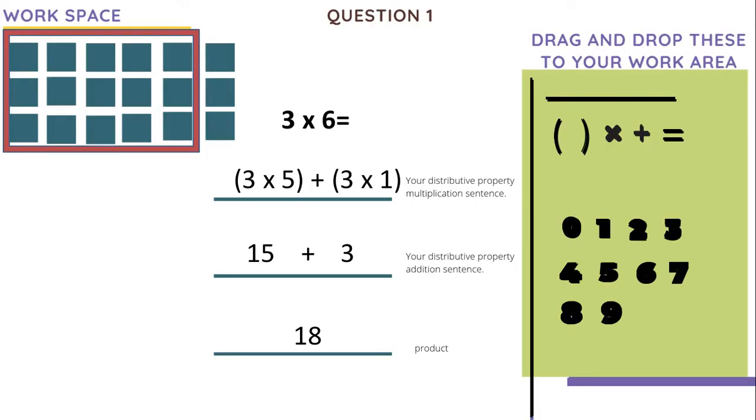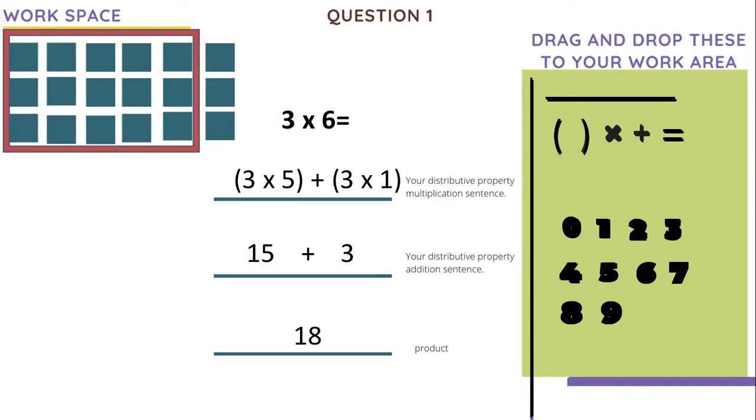So here is our first array and multiplication sentence. We have 3 times 6. For this problem, I decided to keep my 3 intact, but I'm breaking apart my 6 into 5 and 1. 5 plus 1 equals 6.